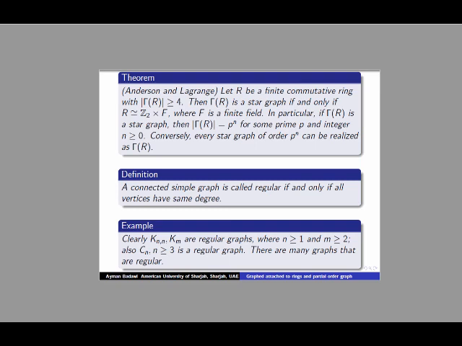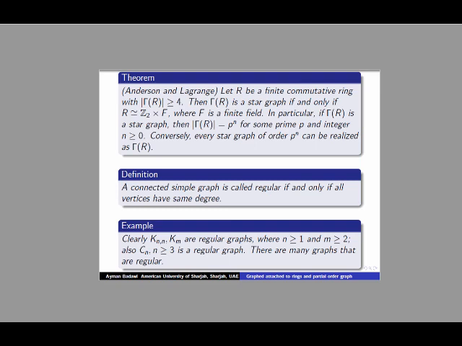Meaning you have one vertex connected to every other vertex, and none of the other vertices is connected to another one. It's just like K1n, complete bipartite graph where one of the sets has only one vertex.